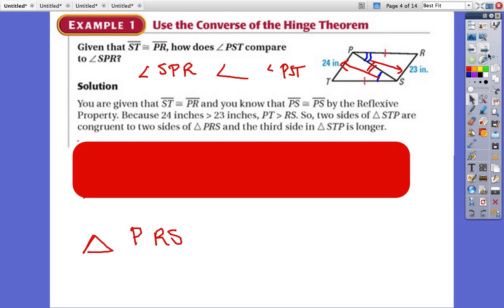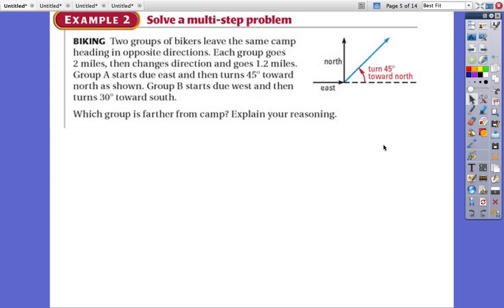Okay, moving on. Let's give another example applying this. Two groups of bikers leave the same camp heading in opposite directions. Each group goes 2 miles, then changes directions and goes 1.2 miles. Group A starts due east and then turns 45 degrees north.